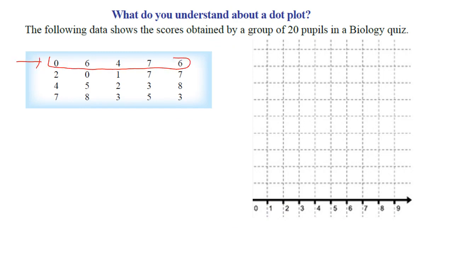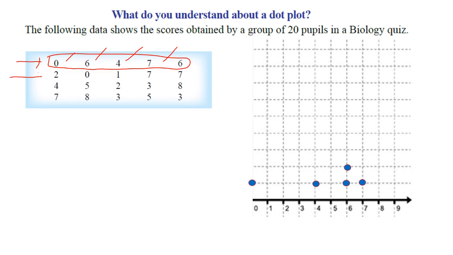It's better row by row. Let's do the first row. So 0 will be here, 6 over there, 4, 7, and 6. So for the second 6, you put it on top of the 6 here. You just arrange it very systematically.